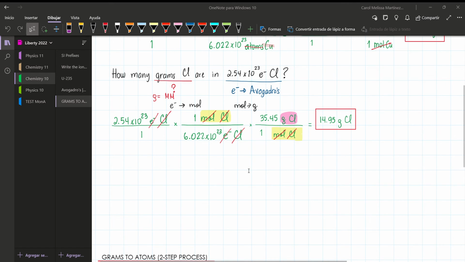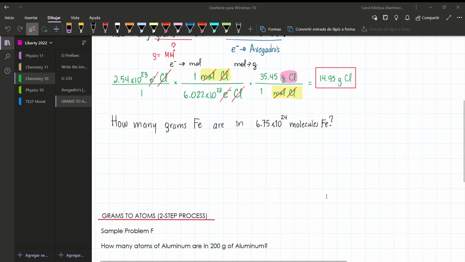So let's see. How many grams of iron are in 6.75 times 10 to the 24 molecules of iron?